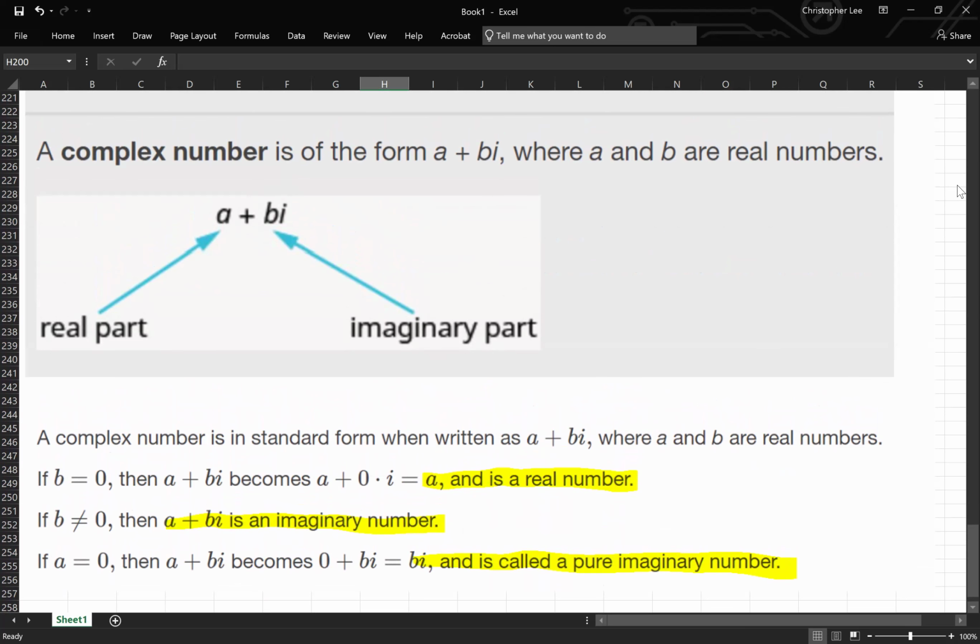If b does not equal 0, some other number other than 0, then a plus bi is an imaginary number. Now, if a is 0, then a plus bi becomes 0 plus bi, or just bi, and that is called a pure imaginary number. Any questions on this? Anybody? Got to build a vocabulary a little bit before we jump into it.